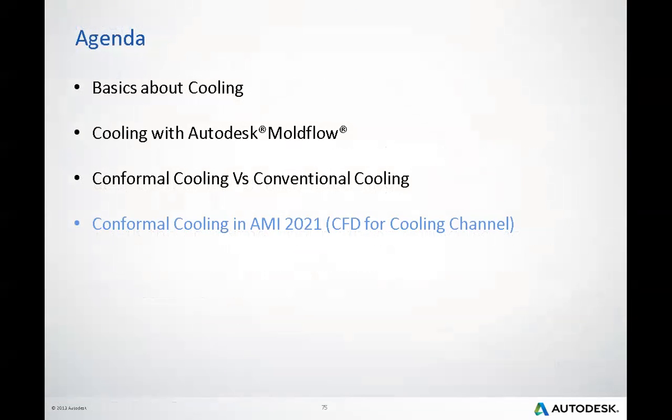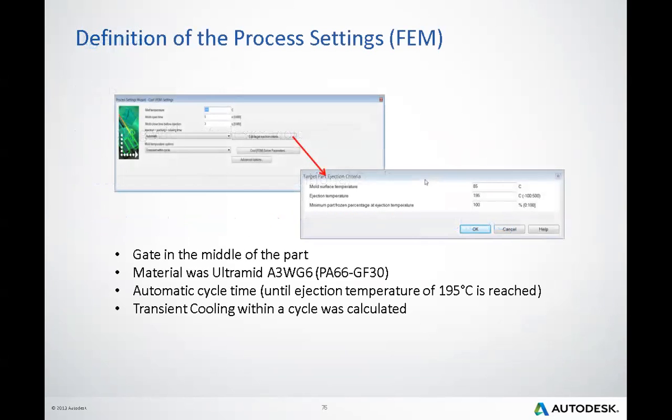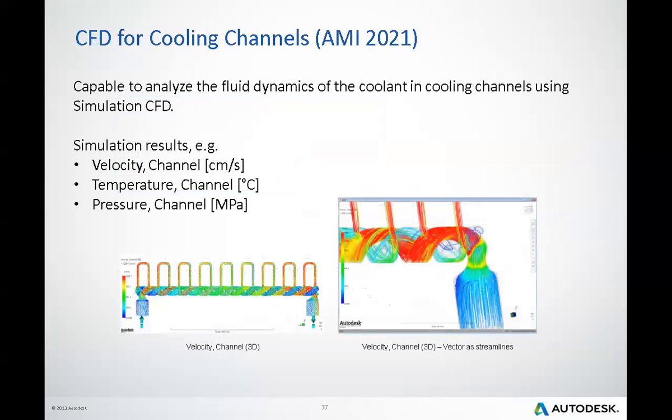Okay, we're going to the last section: the setting that I showed you before, and the result that we're getting from Moldflow. Normally, we use three pieces of information: velocity channel, temperature channel, and the pressure channel.